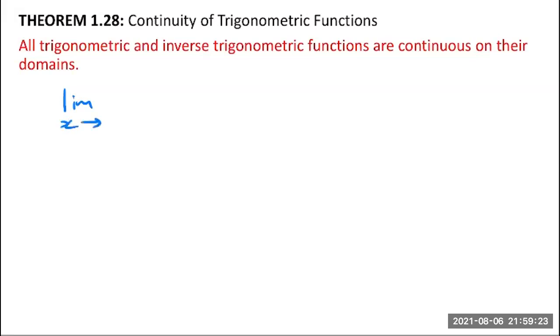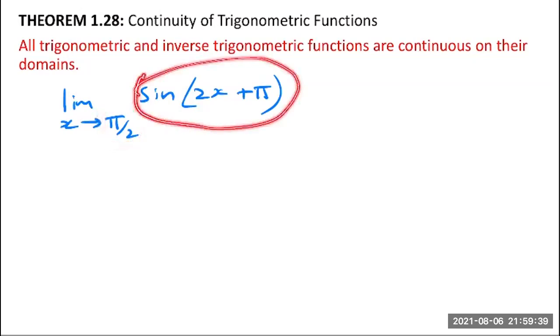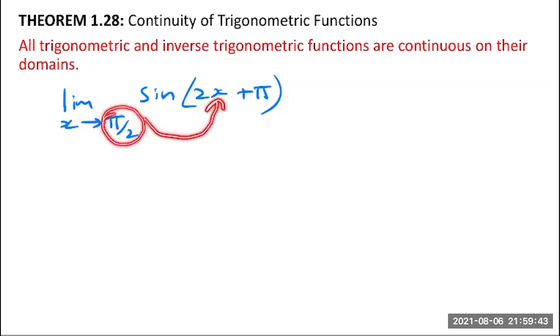For example, as x approaches pi over 2, sine of 2x plus pi. If you are asked to find this limit, as you can see, this number is in the domain of this function. So to find the limit, you can straight away plug this number into the function. Okay? Because we know that all trigonometric functions are continuous on their domains.